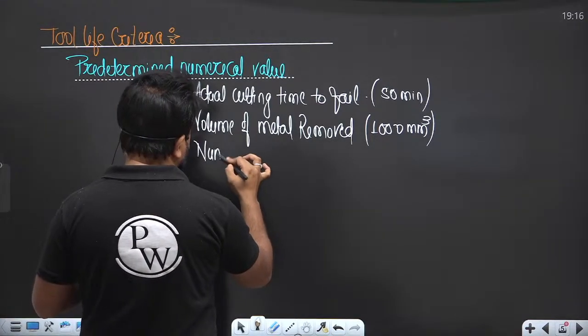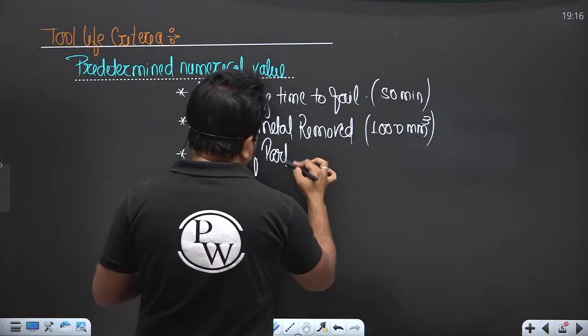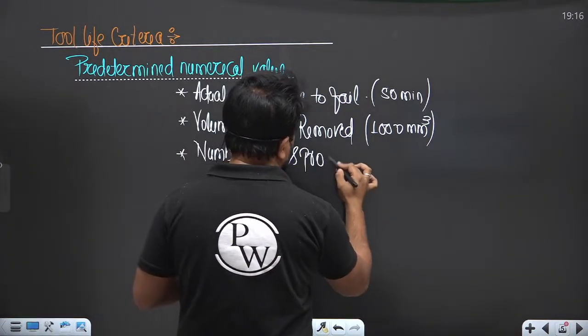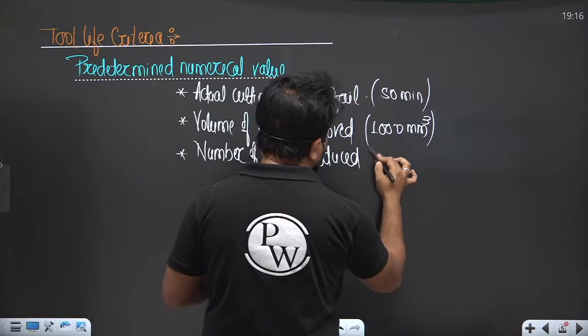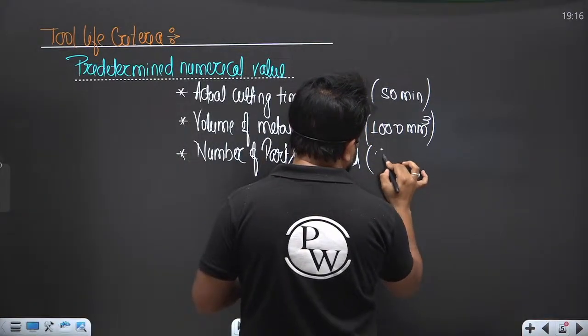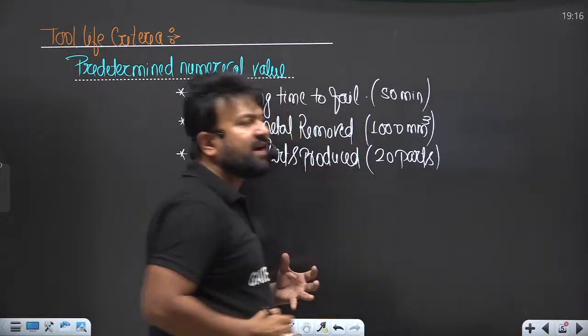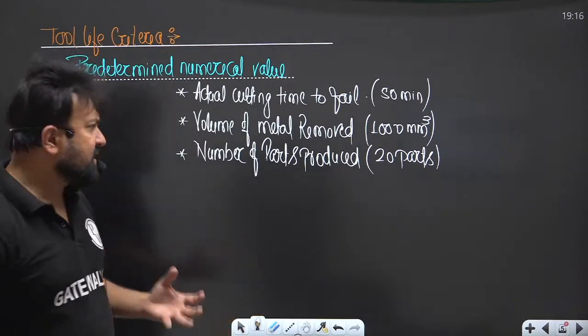Let's say you can produce 20 parts. After producing 20 parts, the tool is not useful for us, right?